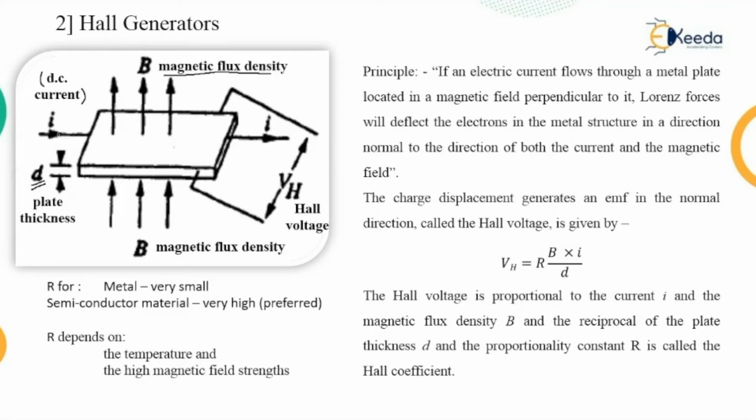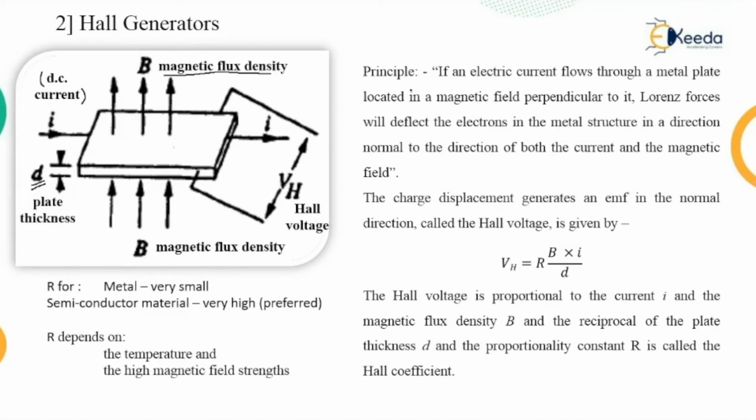When this current passes through that plate, experiencing a flux density, it develops a Hall voltage. And this Hall voltage, in terms of the DC current, is the measurement of the DC current.